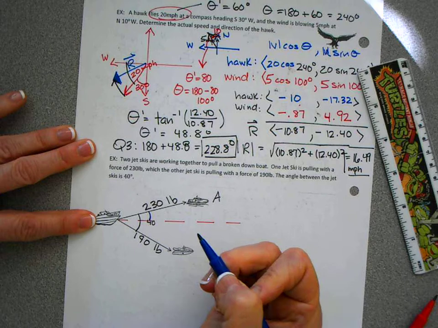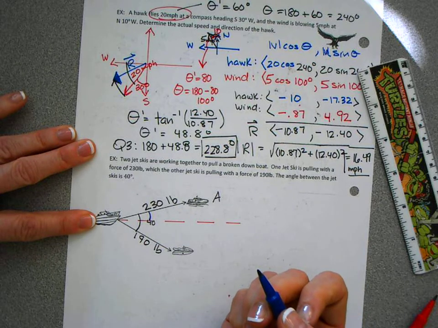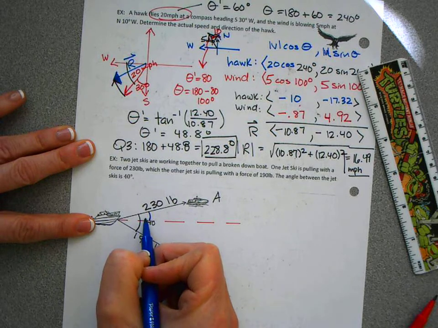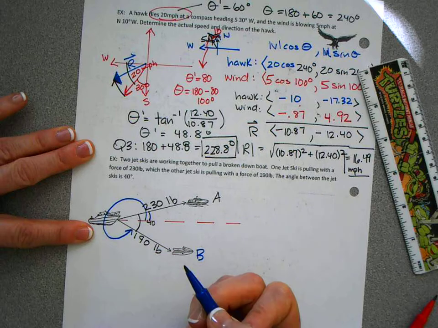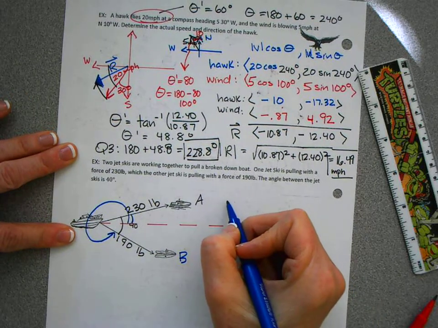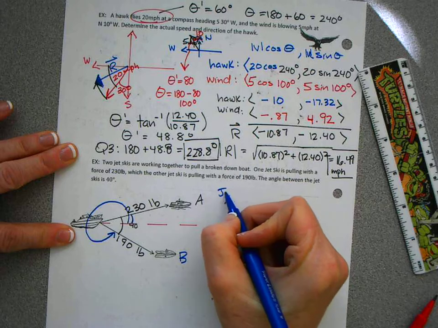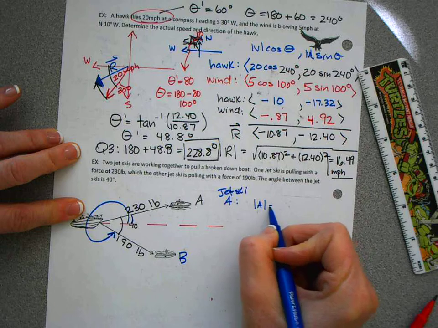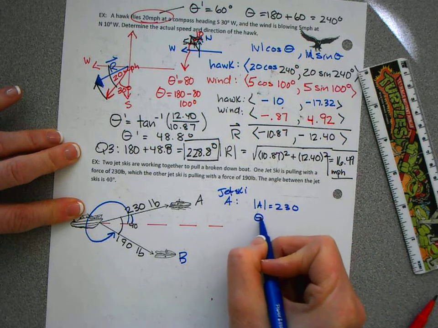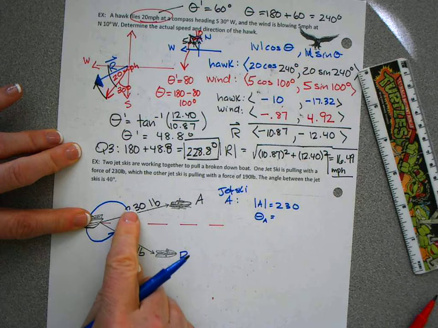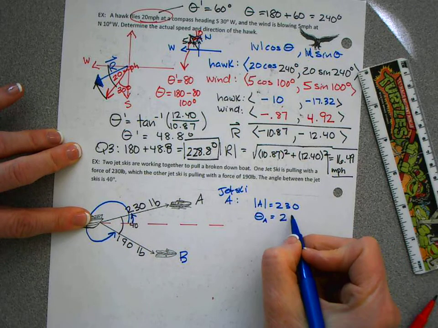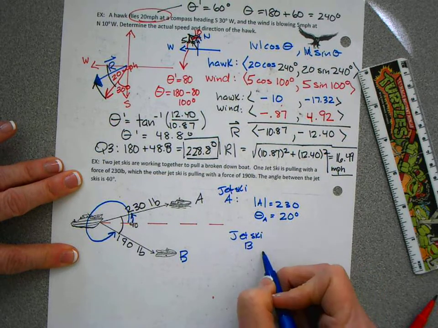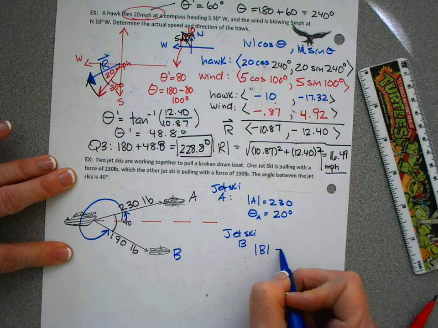Okay, there we go. So this is theta for jet ski A. Okay, theta B is going to start here and remember come all the way around, right? So about jet ski A, this is the first jet ski. What's the magnitude? The magnitude of A equals 230. What's theta? Theta of A equals half of 40, so 20 degrees. Jet ski B, the magnitude of B is given to us, which equals 190 pounds.